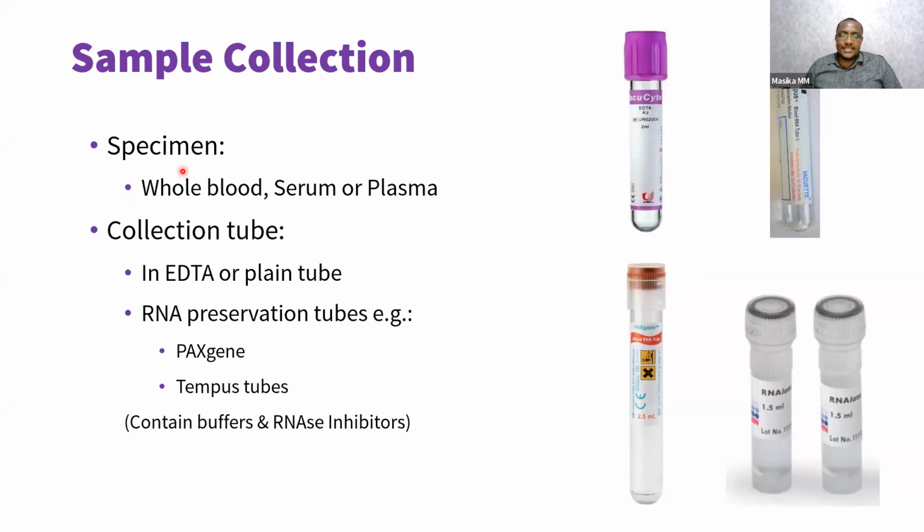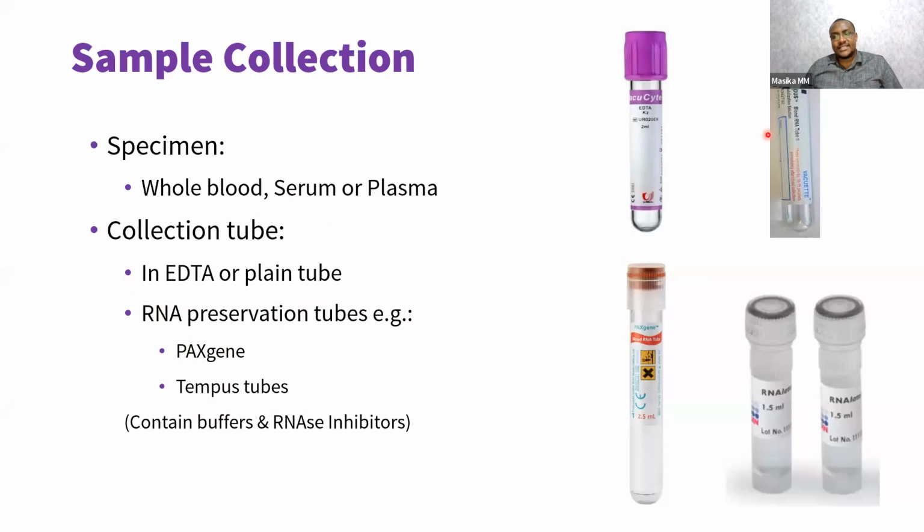So yes, we can test whole blood, we can test serum, we can test plasma. My favorite is the EDTA tube, because it gives you plasma or sometimes whole blood if you don't centrifuge. You can use it for testing, and you can also use serum. But also, for RNA viruses, there are now commercial RNA preservation tubes.